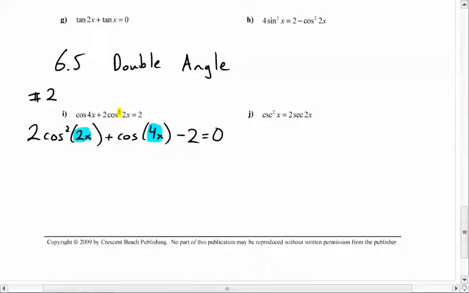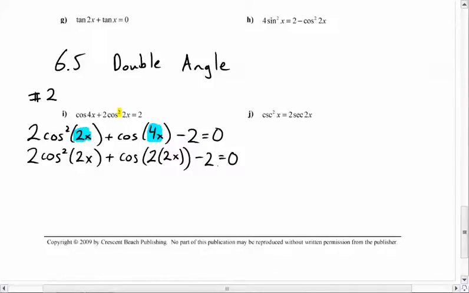We need them both to be the same angle. So let me just try to write this using 2 times 2x. So 4 is 2 times 2x. So now maybe I can use one of the formulas to break this down.